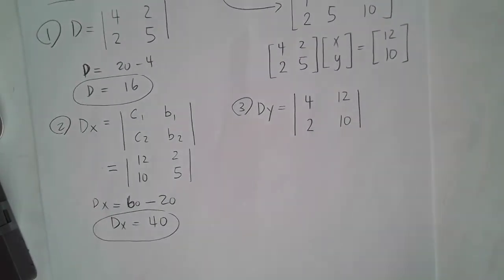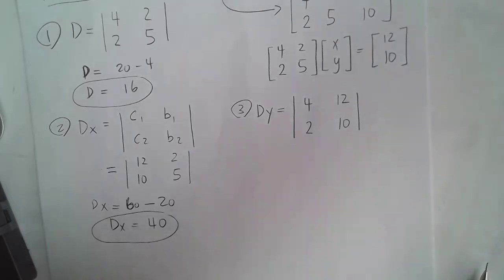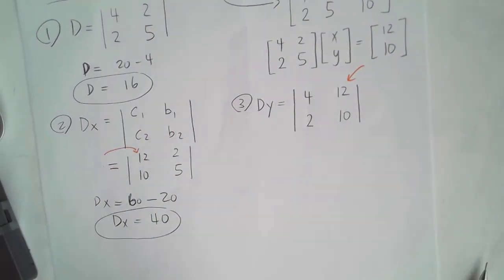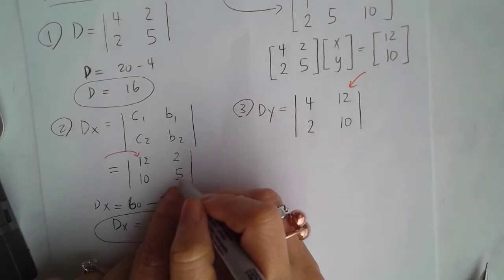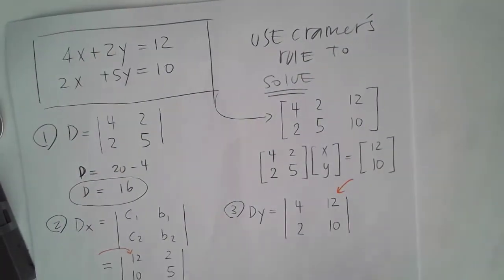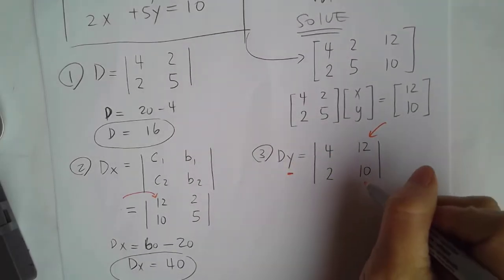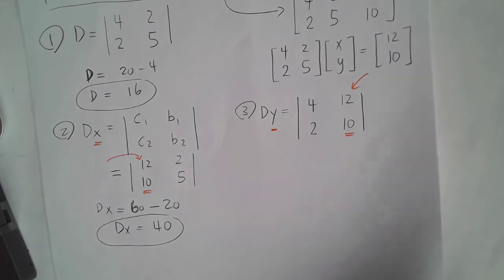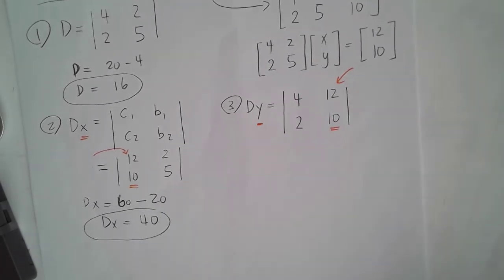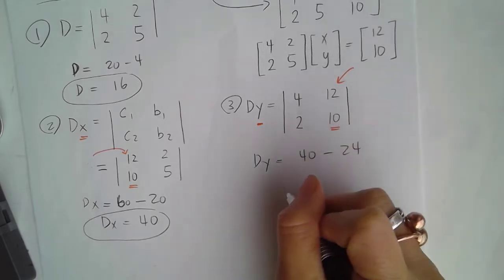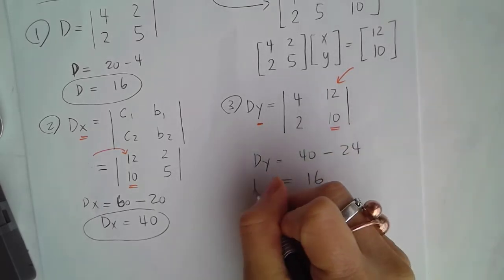I'm going to put a little mark on here so that you know which section to replace. If you're looking for y, y gets replaced. If you're looking for x, x gets replaced with the constants. So let's calculate D sub y. D sub y is equal to 40 minus 24, which means it's equal to 16.